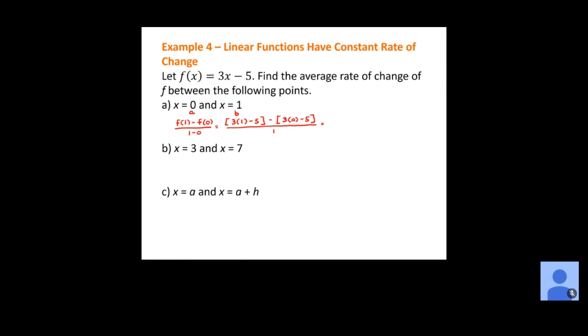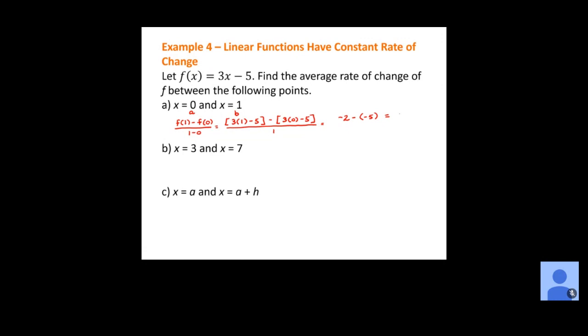So now we just need to simplify what we've got up there. So what's 3 times 1 minus 5 going to be? It's negative 2 minus, and then 3 times 0 minus 5 would be what? Negative 5. Good. Over 1, we can kind of drop that because anything over 1 is itself. What's negative 2 minus a negative 5 now?